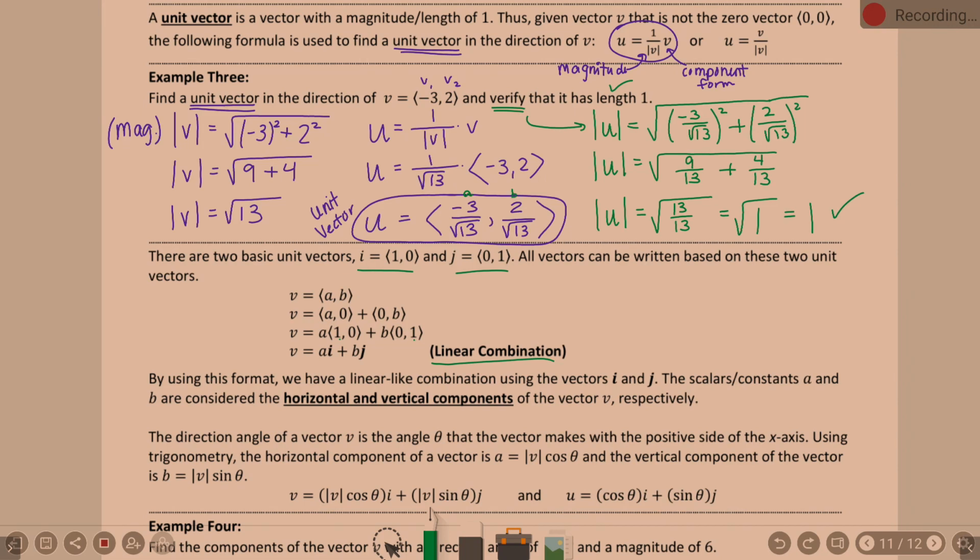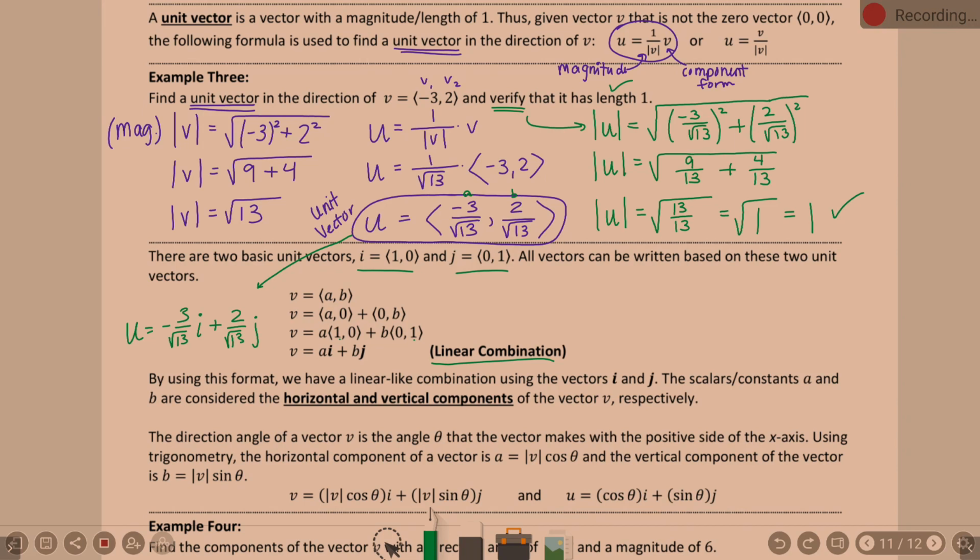So, for example, if we write that out, a was negative 3 over square root of 13, and that would be times I, because it's in the first position, plus b is the second position, so 2 over square root of 13 times j.